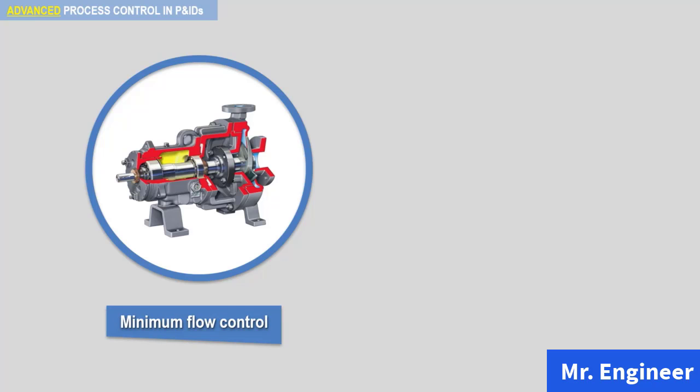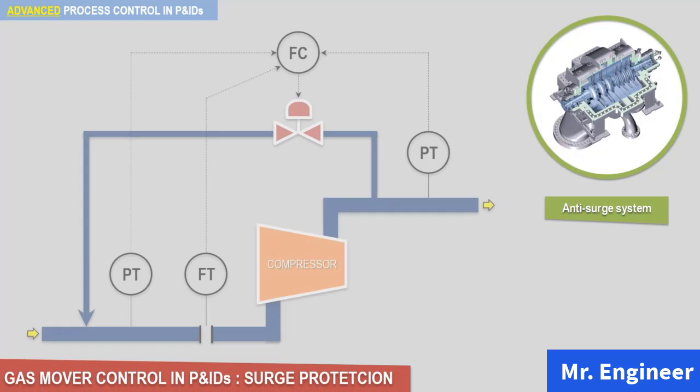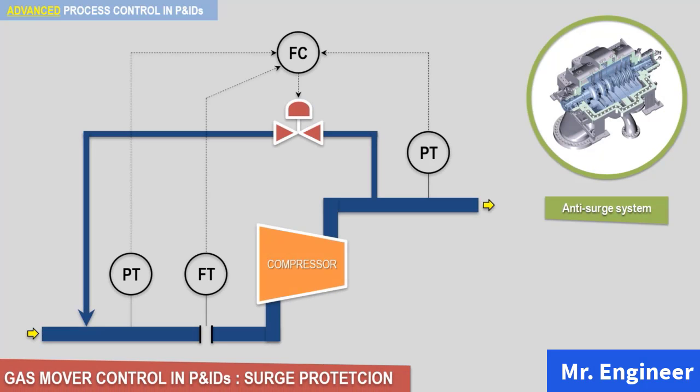But for an axial or centrifugal gas mover, we have to deal with a surge problem by providing anti-surge protection control. Take a look at the following P&ID schematic. It shows a simple anti-surge system. Please note that the anti-surge control could be more complicated than what is shown here.